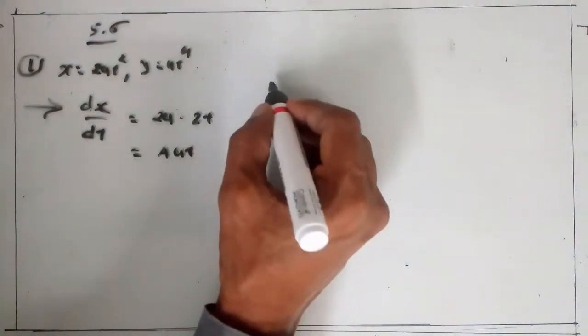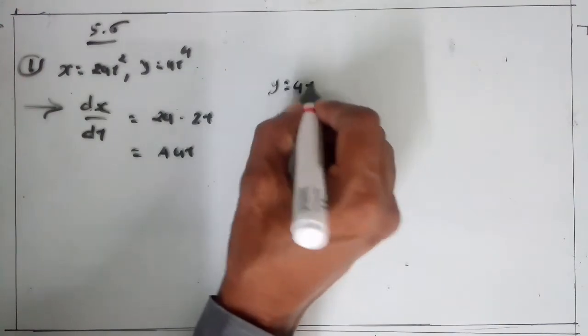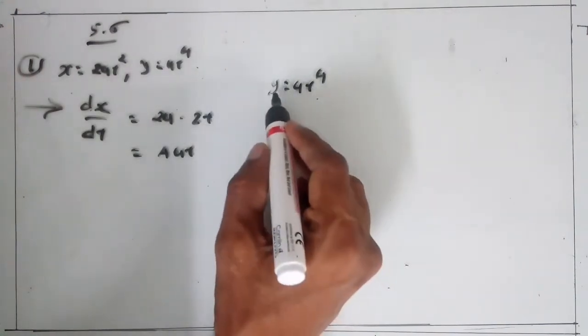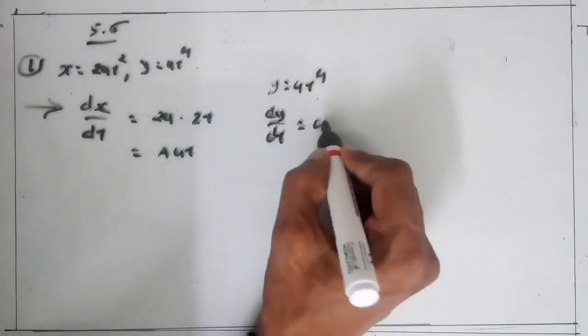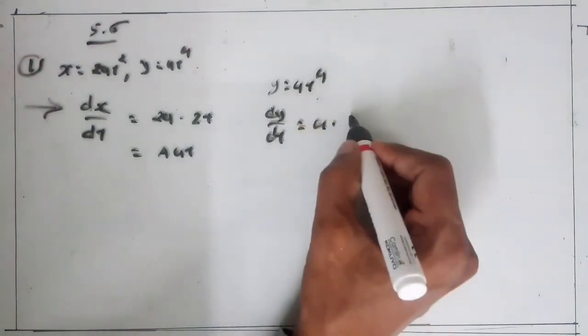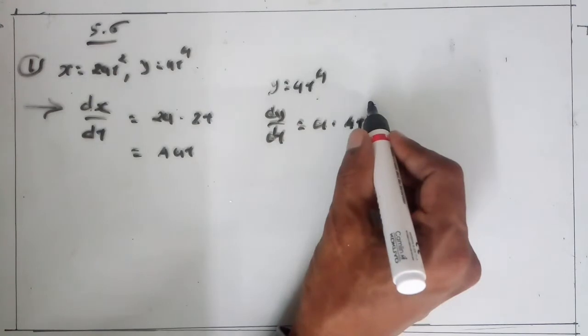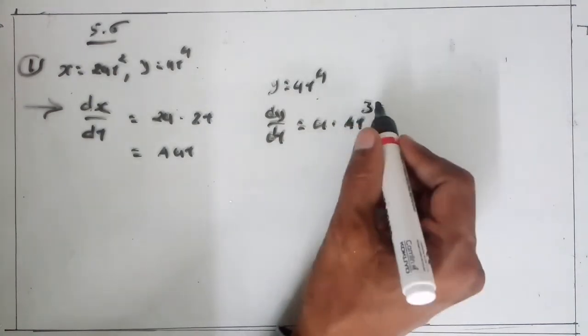Similarly, for y is equal to at⁴, get the derivative of y with respect to t. So dy/dt is equal to a into the derivative of t⁴, which is 4t raised to 4 minus 1, that is 3. Clear?